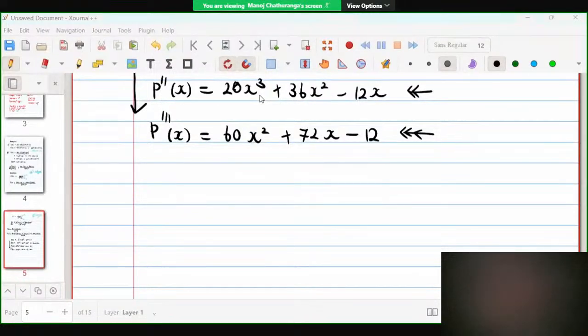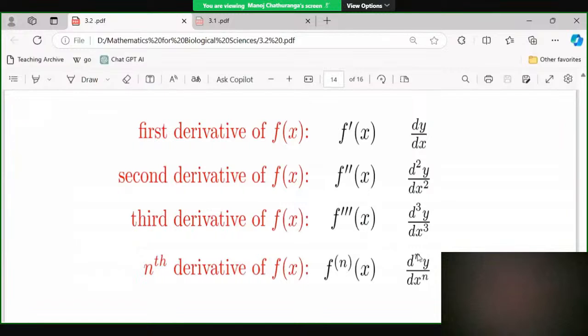Those are called higher derivatives. The derivatives after the first derivative are called higher derivatives: second, third. So we use this notation. You can see the notations for higher derivatives, especially the Leibniz notation. The dy over dx notation is a little bit different.